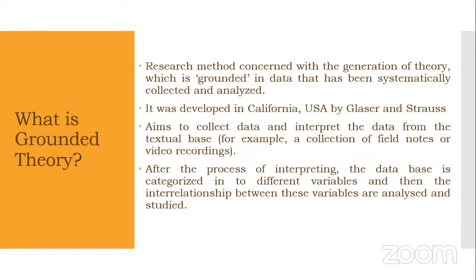And then the database is categorized into different variables, the different variables which we are considering for our research, and then we are trying to see the relationships between these different variables. So that's how we do this entire analysis in grounded theory research.